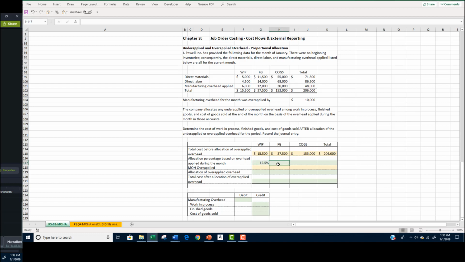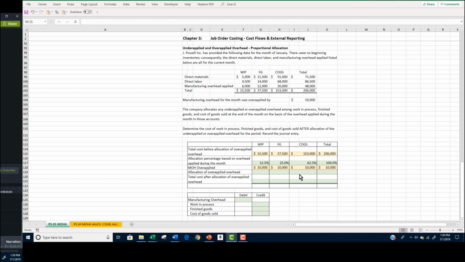Finished goods is determined by dividing $12,000 by $48,000 to get 25%. And cost of goods sold is $30,000 divided by $48,000, or 62.5%. The sum of the three accounts must be 100%, as shown.